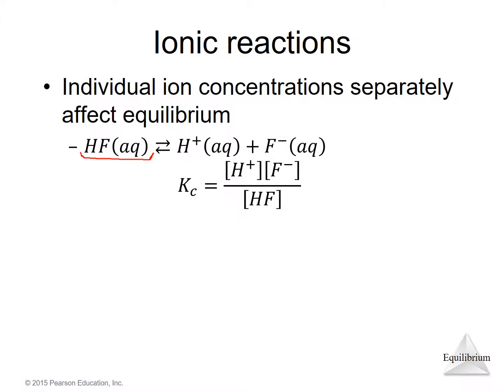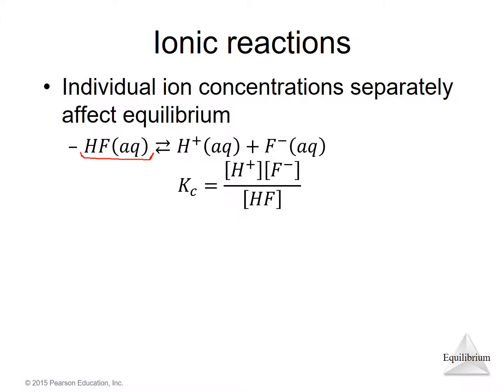All three of these are present in aqueous solution, and there's an equilibrium that exists between them. So what is Kc for the equilibrium? It's simply the concentration of the hydrogen ion times the concentration of the fluoride ion divided by the concentration of the undissociated HF.